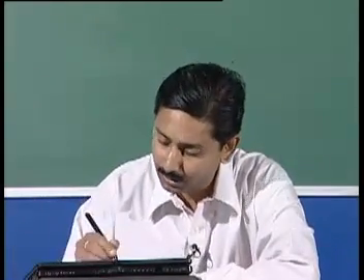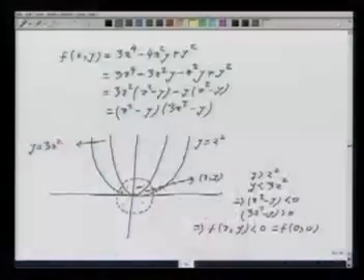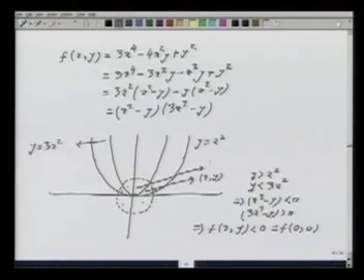Okay. But what happens if I choose a point here? Suppose this is (x prime, y prime). So for that point, what I have is that y prime is bigger than 3x prime squared and y prime is bigger than x prime squared.